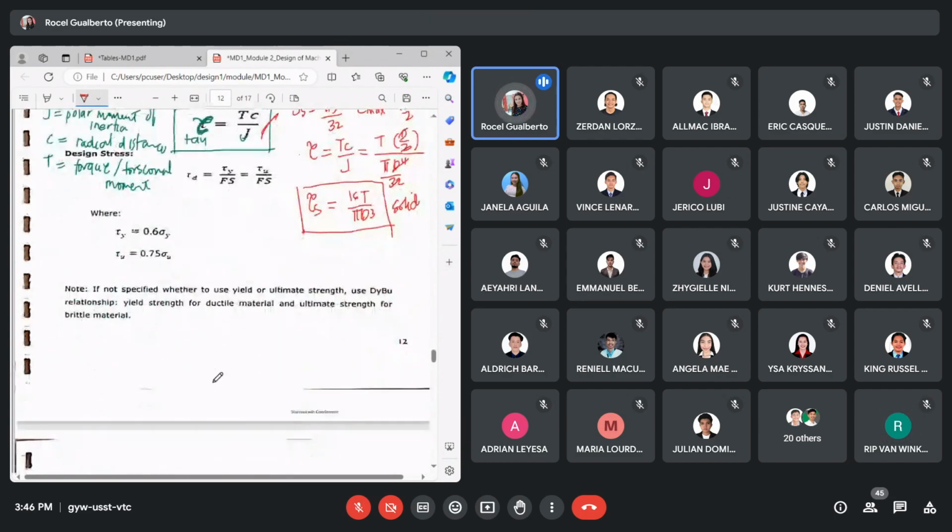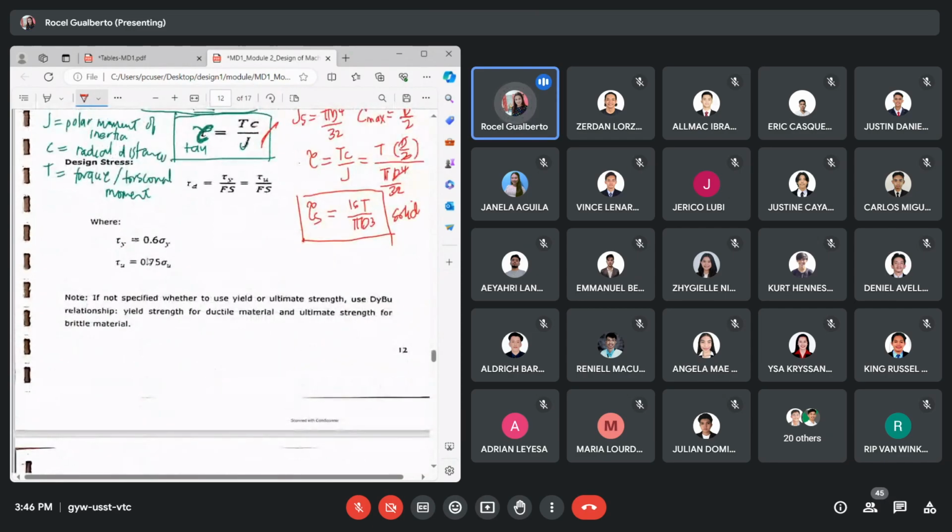Okay. So, we go naman po with a hollow one. So, kukunin natin ulit yung C maximum. Kapag po siya ay hollow, J for hollow is equal to pi quantity D to the fourth minus d to the fourth divided by 32.